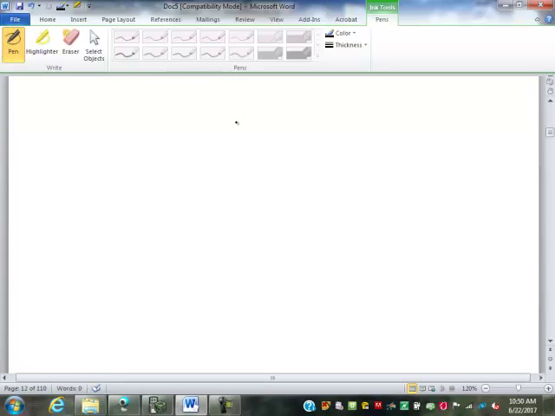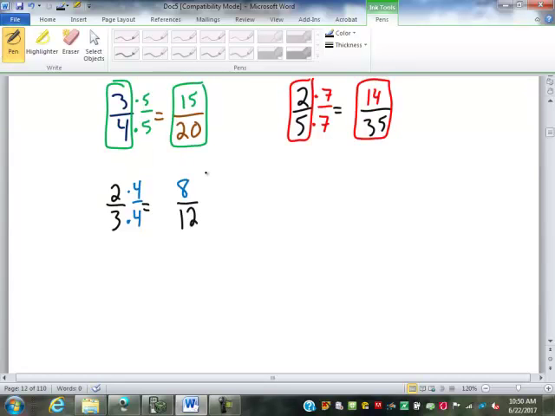We can go the other direction. We said here that the 2/5 and the 14/35 have exactly the same value. I got from 2/5 to the 14/35 by multiplying by 7 over 7.